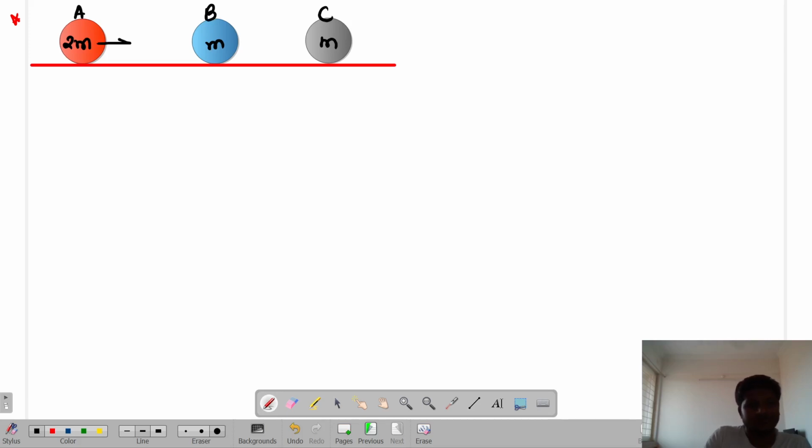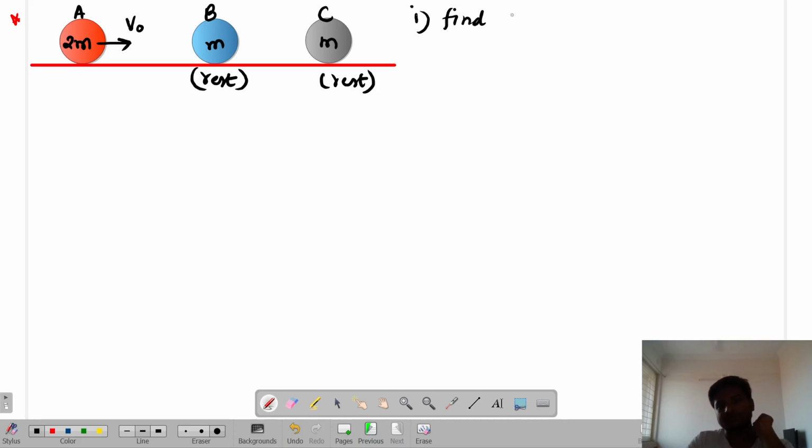This is moving with velocity v naught, and at that time this is at rest, and this one is also at rest. First question: find the speed of each ball after collision.